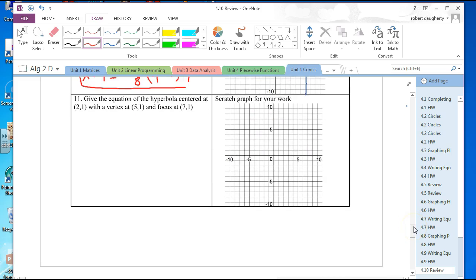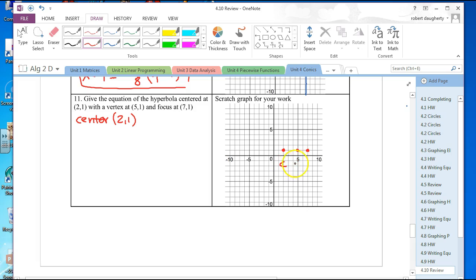Next, give the equation of a hyperbola, and they give us the center, a vertex, and a focus. So it's centered at 2, 1. It has a vertex at 5, 1 and a focus at 7, 1.